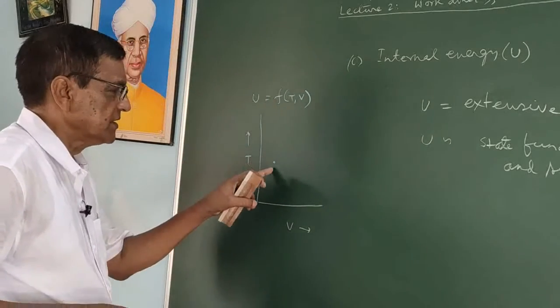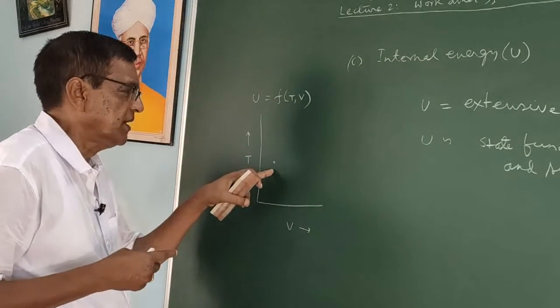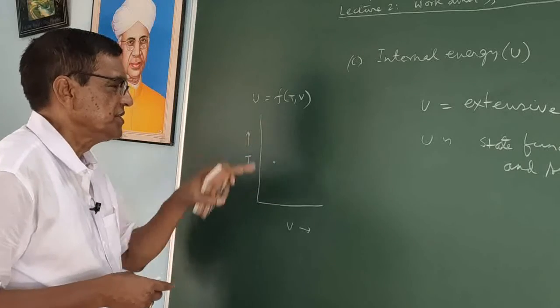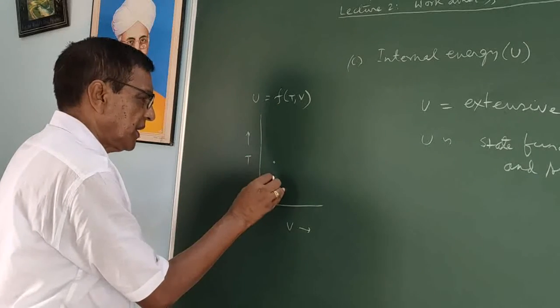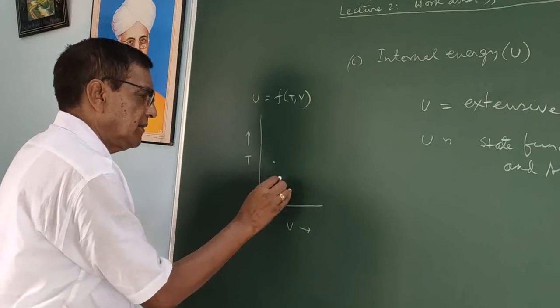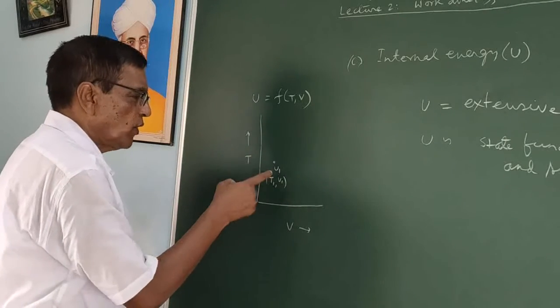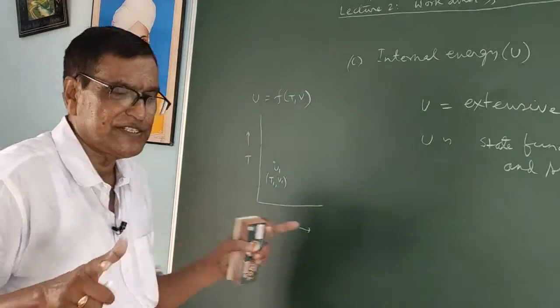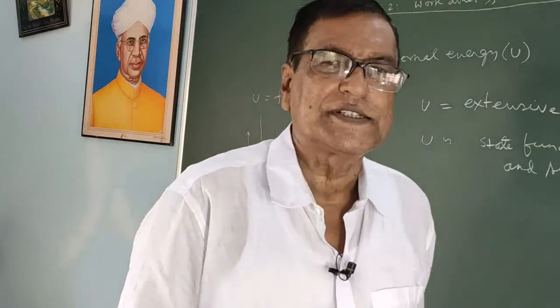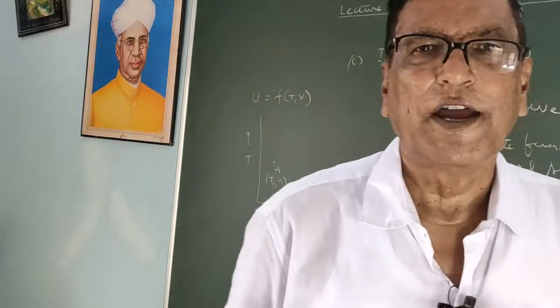This is the starting point, the initial state of the system, defined by T1 and V1, and it is U1. One subscript is given for the initial state, and two subscript is given for the final state.